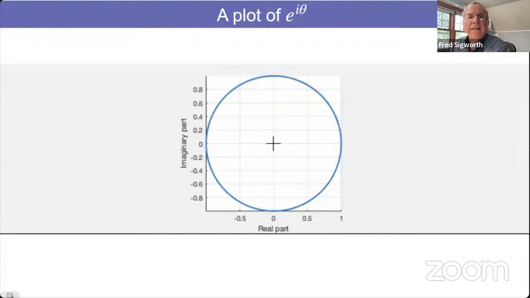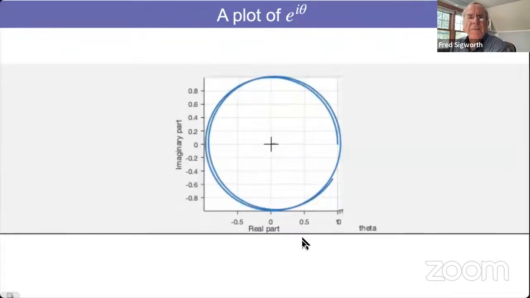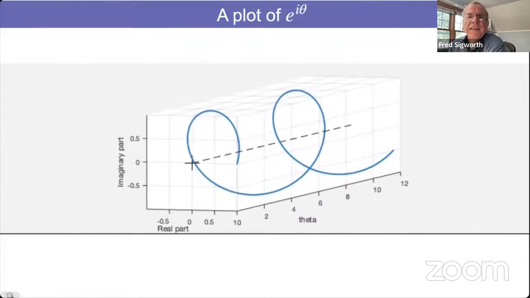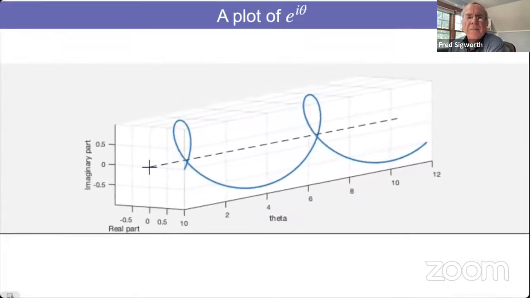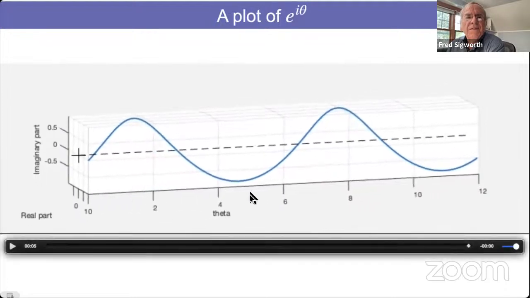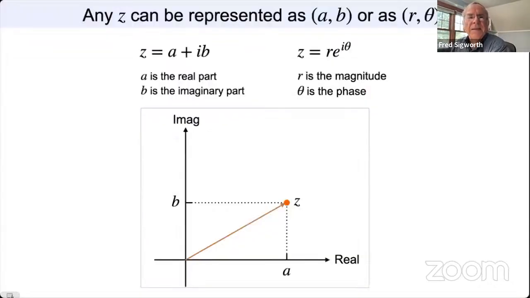If you plot imaginary versus real in 3D, you see the thing is a helix. The helix has a periodicity of 2 pi radians, and the result is you're tracing around the unit circle repeatedly.